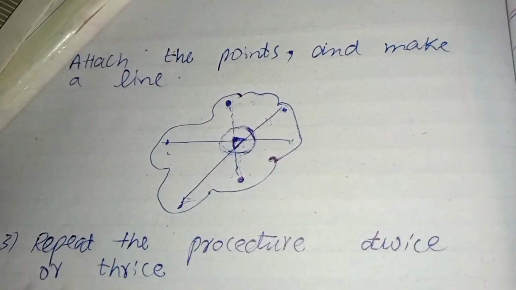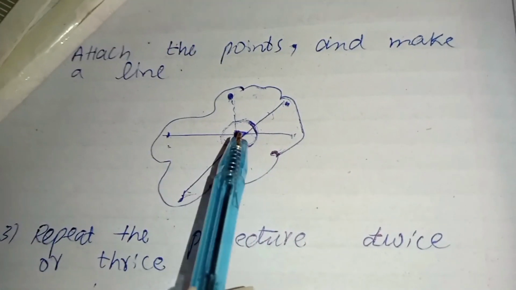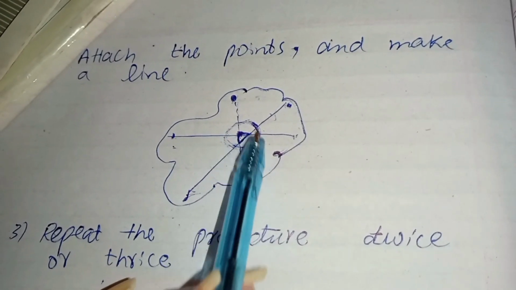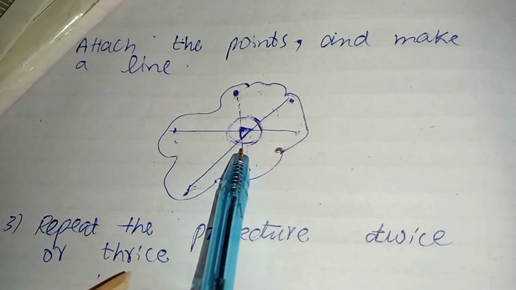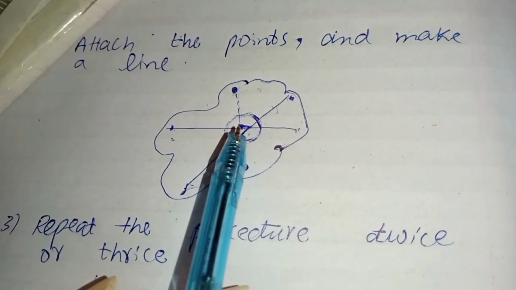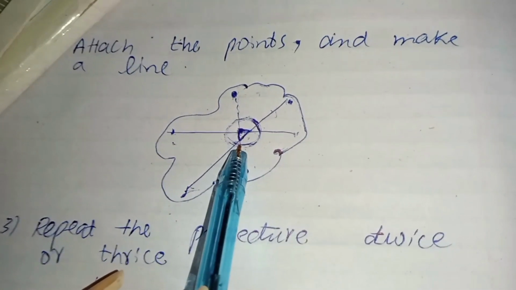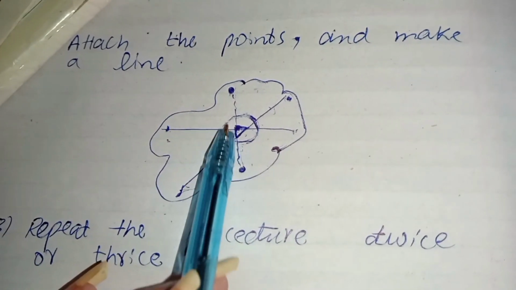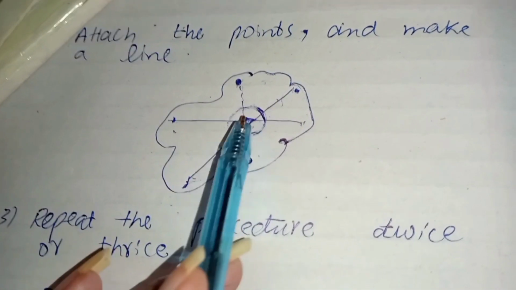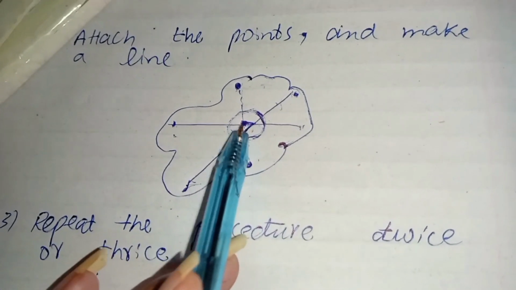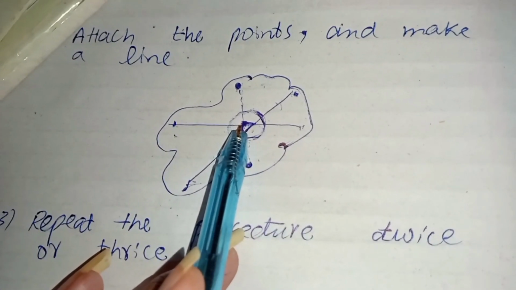Instead, there is a triangle at the point where these lines are meeting. So this is the indication that there is an error in your calculation, and this demands that you repeat the procedure at least 2 or 3 times again to get a single point, where at least 3 to 4 lines are meeting at a single point. That would be the center of gravity.